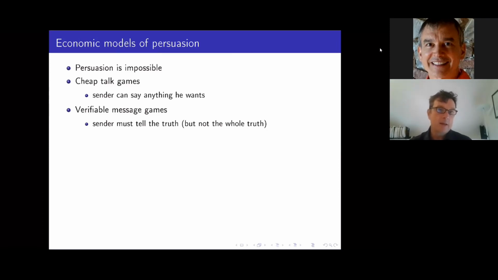Then there are many models that basically show that communication is unraveling. So the sender will eventually perfectly reveal the state. So in that sense, persuasion is also not possible because it always leads to complete and full communication, but not anything in between. Okay.